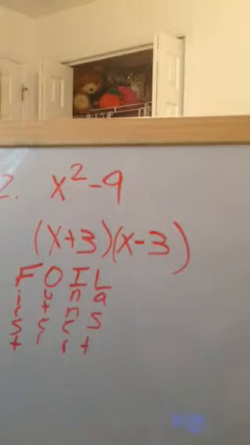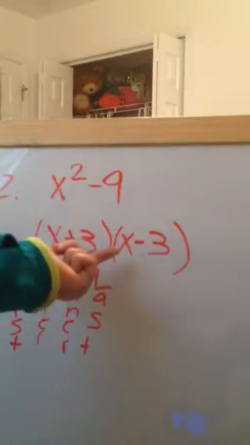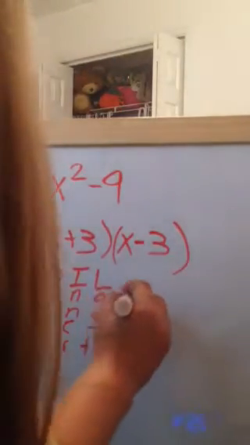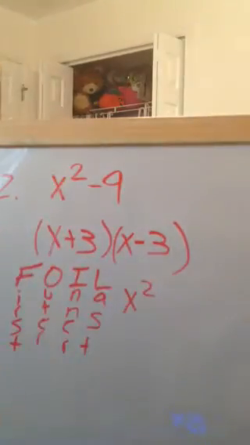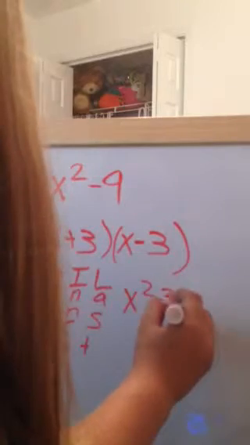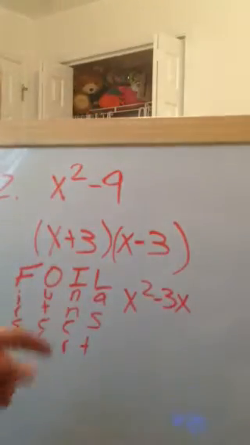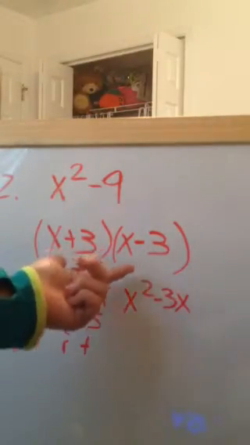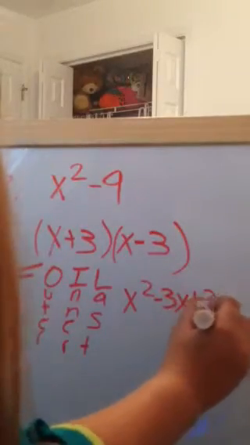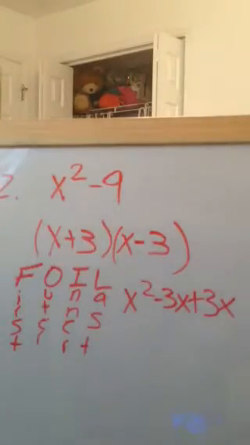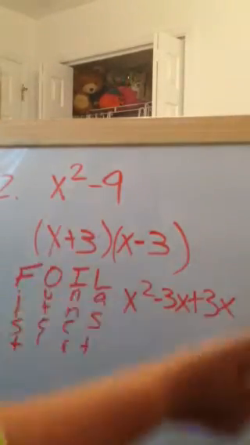What this means is you're going to take your first two, which is x times x, and that leaves you with x squared. Your outer, which is negative 3 times x, and that's negative 3x. Your inner, which is 3 times x. And then your last, which is minus 9.